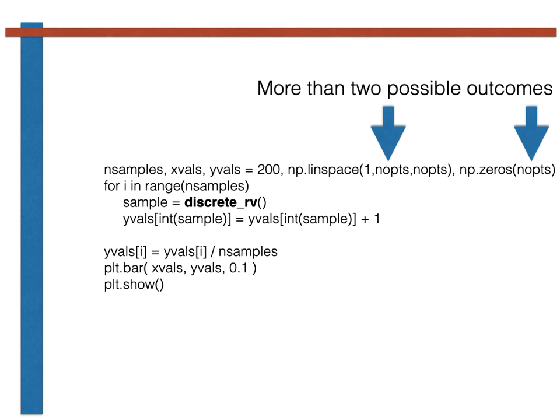Within your code, you then generate a series of samples from your random variable by writing a loop to generate multiple random variables. Within this loop, you call a function that generates these random variables. The function in this case is called discrete_rv. This is all standard stuff by now that you have done many times before.